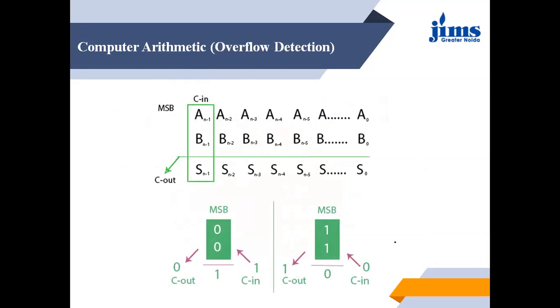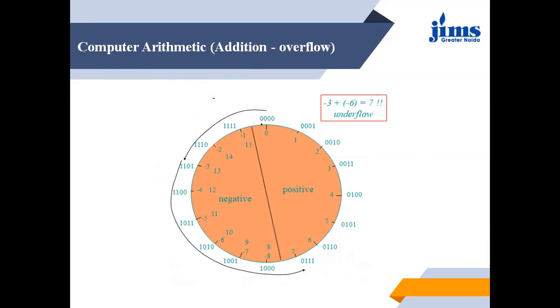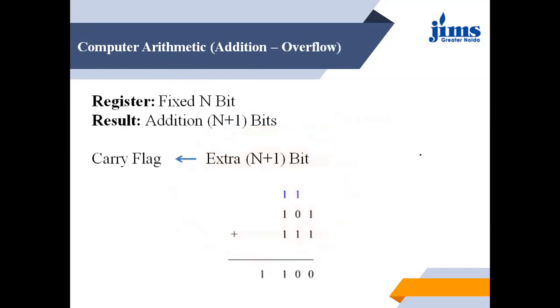Now we will try to understand how we can check by the circuit diagram whether there is an overflow or underflow. We studied this for 4 bits only to understand the things easily. Now suppose I have an n bit number, then we will discuss for an n bit number how we can find out that there is an overflow or underflow.